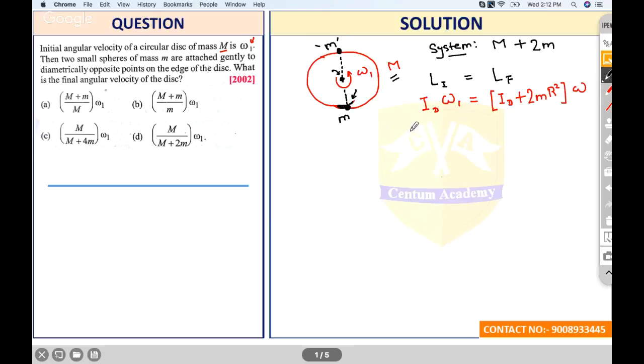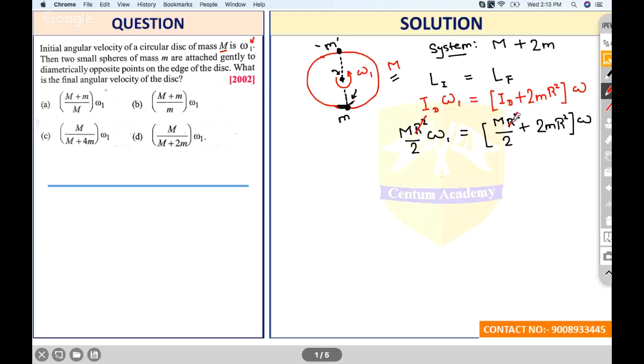Now I know that the moment of inertia of the disk is M r square by 2. So I'll use that fact and put the values: M r square by 2 plus 2m r square. Now you can see that the radius is not given in the question, and when you solve it, you'll see that it is not even required.